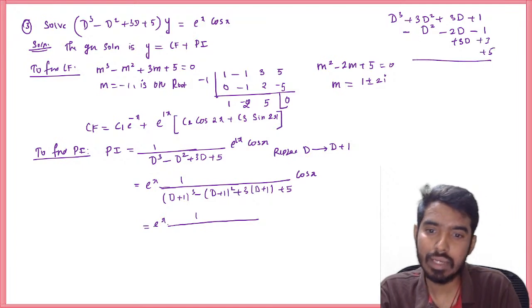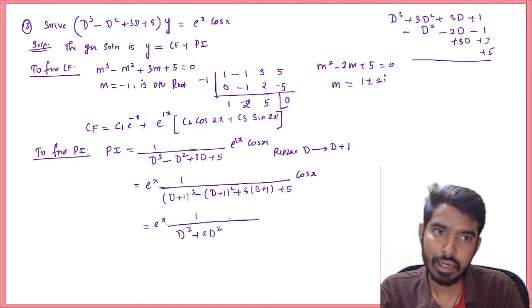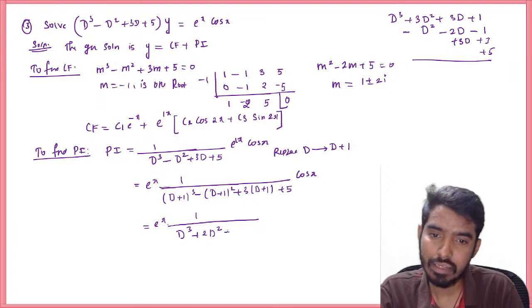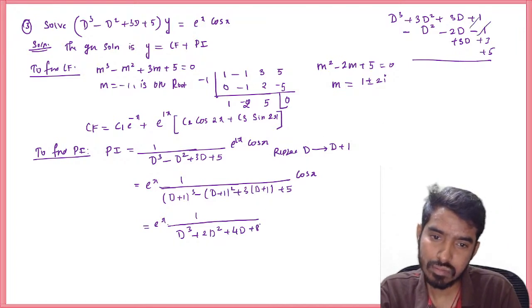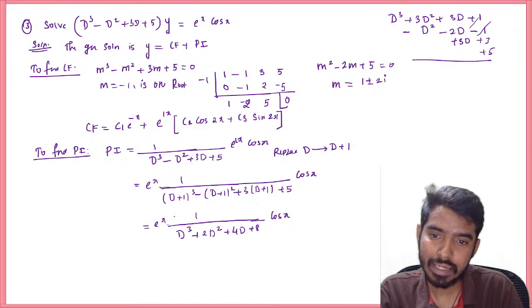So add it up, you will have d cube plus 2d square, and 3d plus 3d is 6d, 6d minus 2d is 4d, so you will have plus 4d. 5 plus 3 is 8, into cos x, right? Now you have to apply type 2 here.